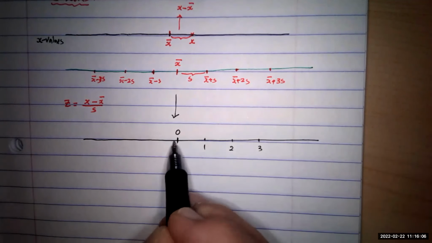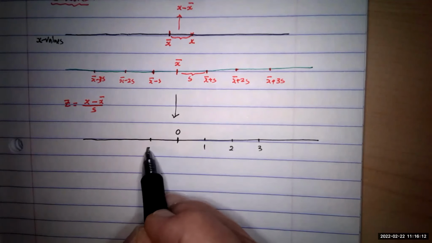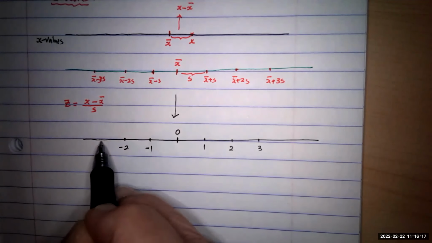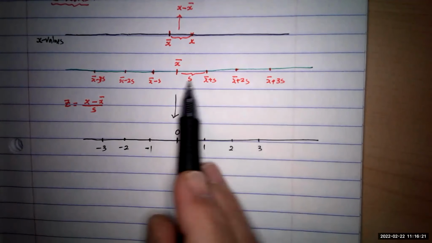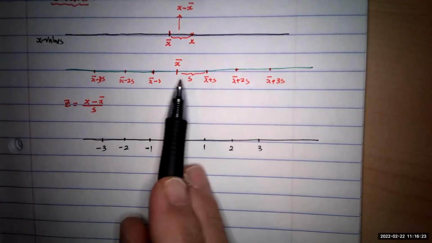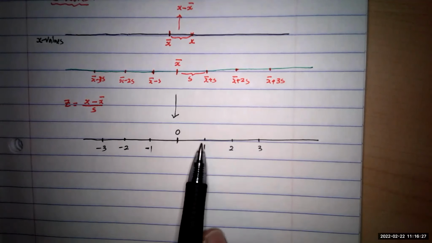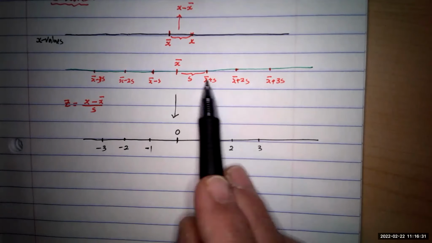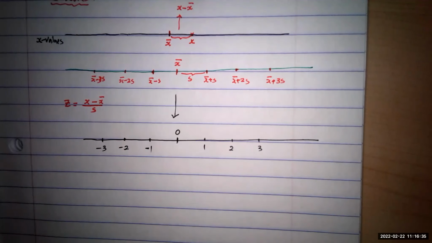And similarly, this would be a -1, this would be a -2, and this would be a -3. If you replace the X bar by 0, this portion is 1 standard deviation from the center, this would be 2 standard deviations from the center, and that would be 3 standard deviations from the center.